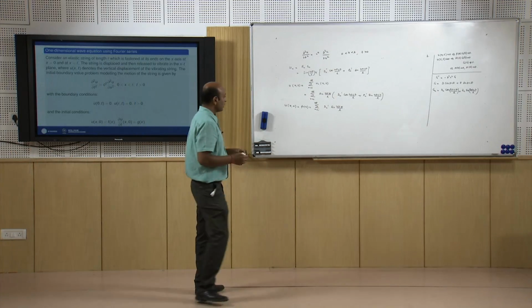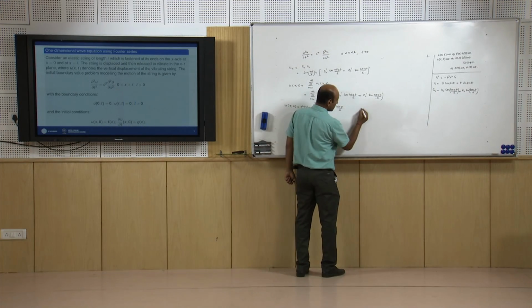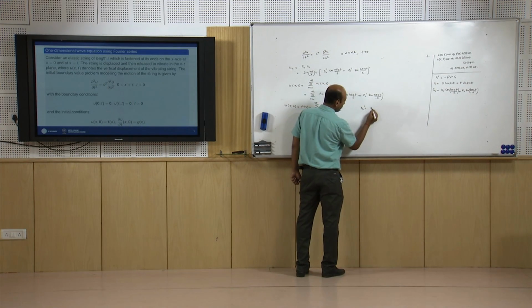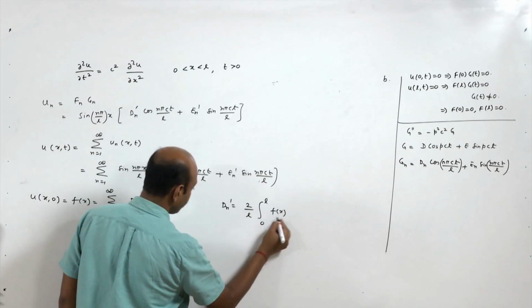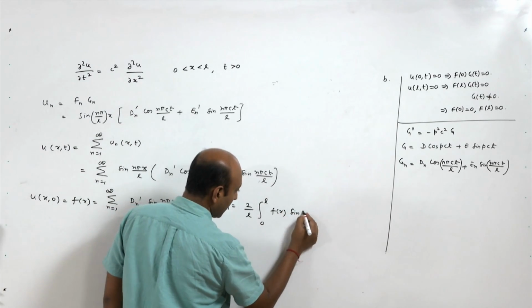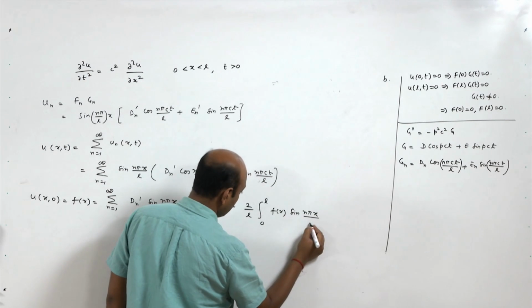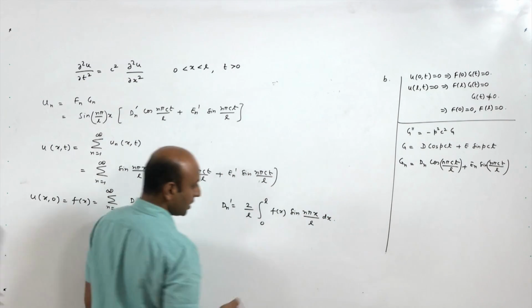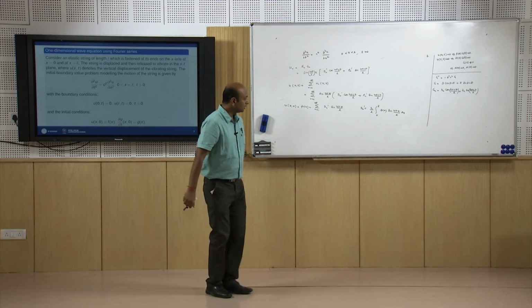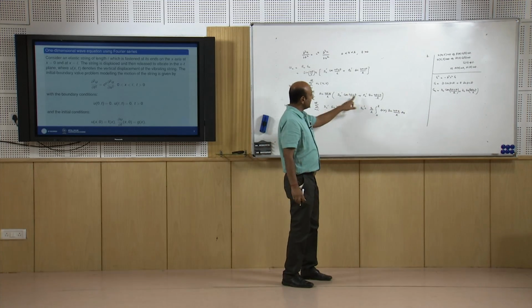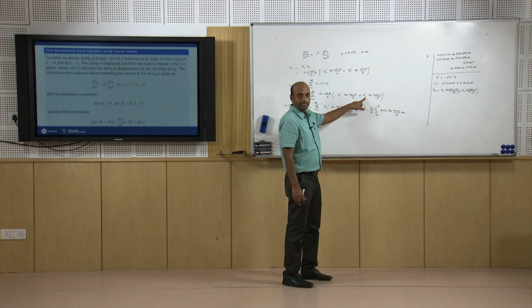So from here, what will be dn dash? dn dash will be nothing but 2 upon L integral 0 to L f(x) sin n pi x upon L dx. This is by the Fourier series. So basically dn dash and en dash are to be found out finally.